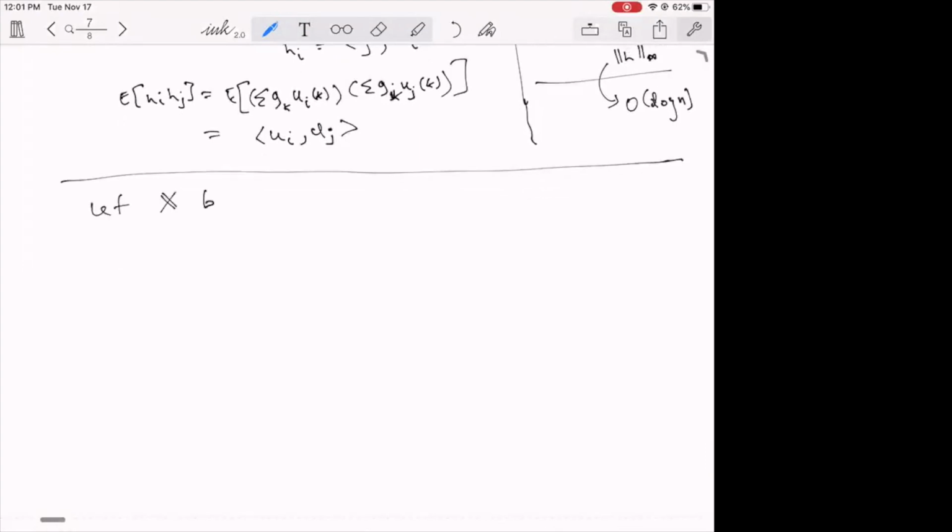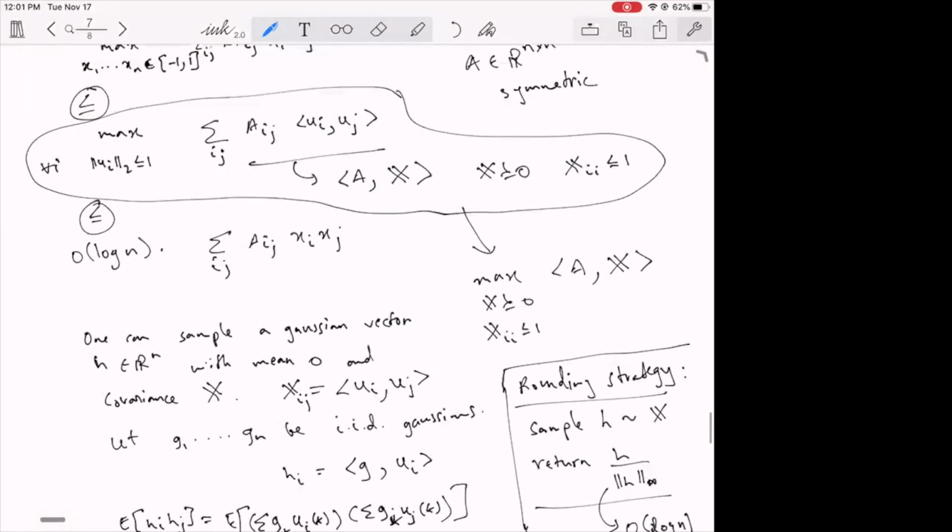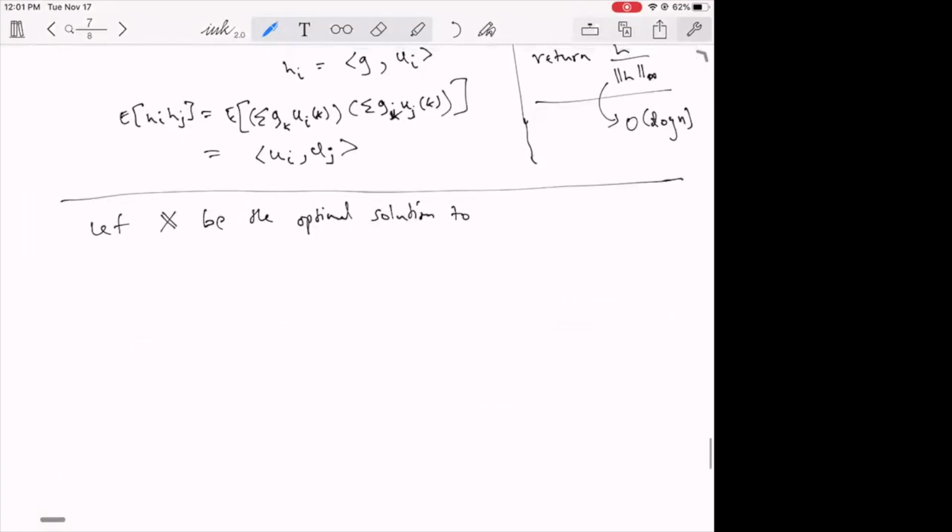So let bold X be the optimal solution to, let's say, star. Okay, so this is what I mean by star.